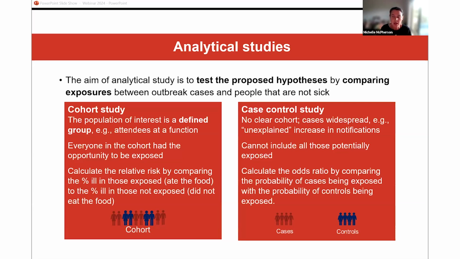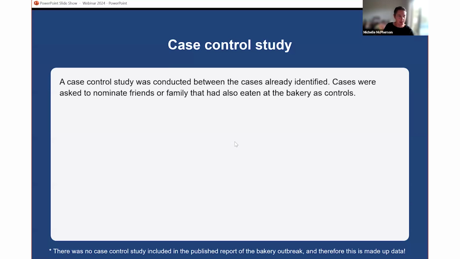So it's not a defined group. It's not a group of people that went to the bakery and then got sick afterwards. It's a random sample of people from the community that we bring to the bakery. So the case control study is the most appropriate study type to do, which is what they did.